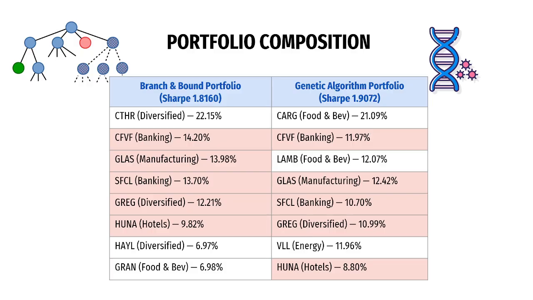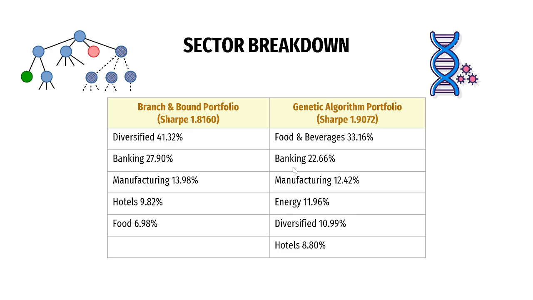Looking at the actual stock selection, both methods agree on five common holdings. The fact that two completely different algorithms independently select the same five stocks is strong evidence these assets genuinely dominate the CSE efficient frontier under the constraint. The methods diverge in their remaining three selections.